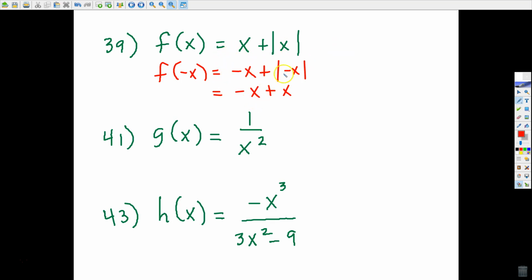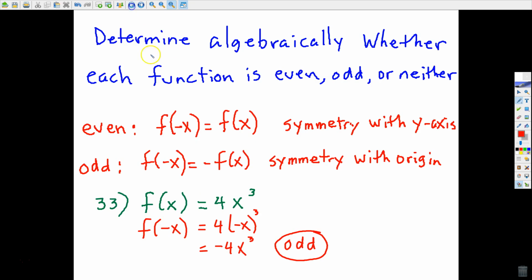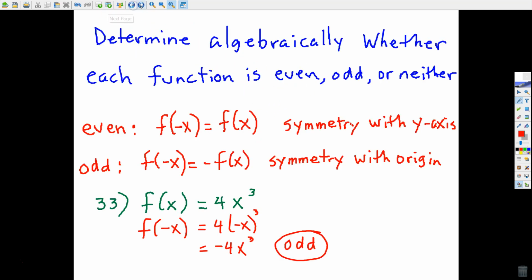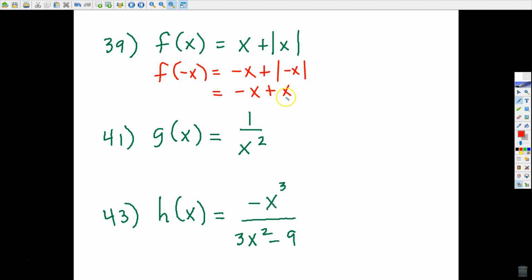And if we input negative x and we end up with the original function, then we're going to have an even function. Well, in this case, we don't have either one. If we input negative x, we don't have the opposite and we don't have the original. So for number 39, we're not going to have either. It's not going to be even or odd.